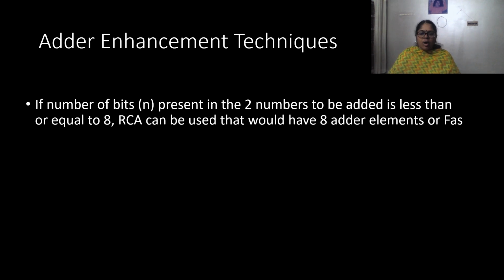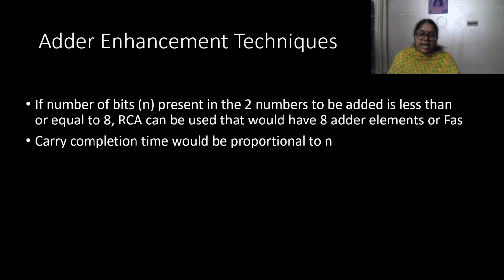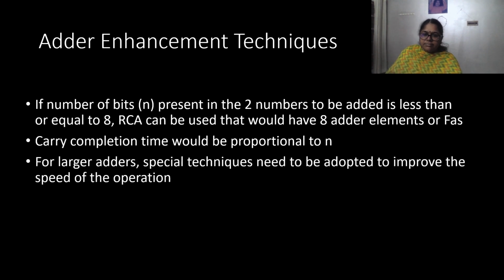Now, if the number of bits, that is n, present in the two numbers to be added is less than or equal to 8, then a ripple carry adder can be used that would have 8 adder elements or full adders. The carry completion time would be proportional to n.